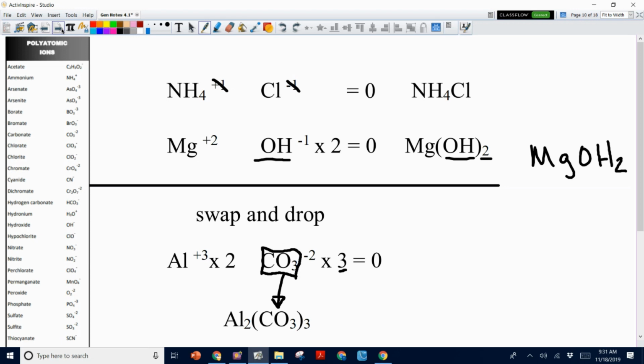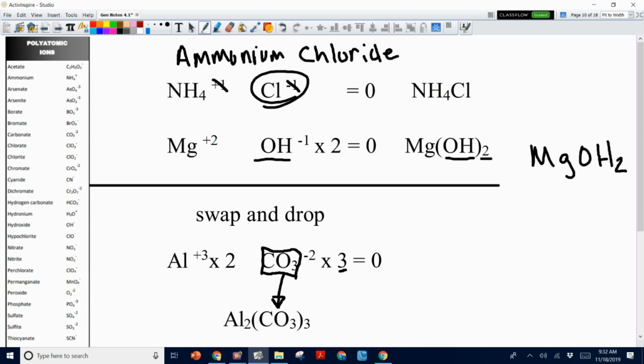Now on polyatomic ions, it's just a tad bit different, not very much at all. What we do on polyatomic ions is we just use the names of everything. So if we look at this polyatomic ion NH4 here, that's ammonium. So the name of this is going to be ammonium. And then this, since it's at the end, it's an element, so we change the ending to "ide" and it becomes chloride.